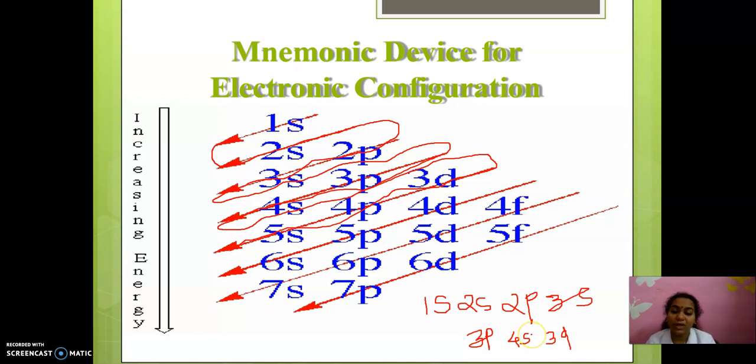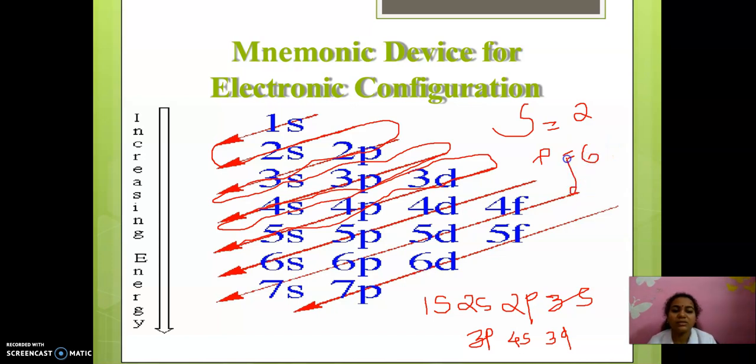So what can we do? How can we fill? We know that an S subshell can only carry 2 electrons. In P it is 6.